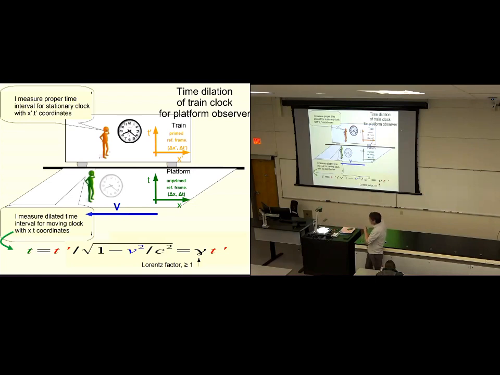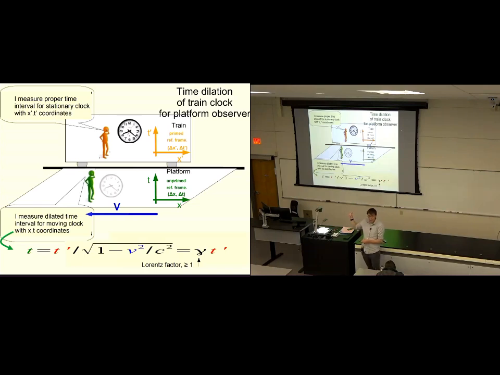The person on the train sees the train clock as stationary, and will see the train clock tick with the proper interval between successive ticks. The person on the platform, however, is seeing the train clock moving and will see time dilation for the moving train clock. So all the roles have reversed here.